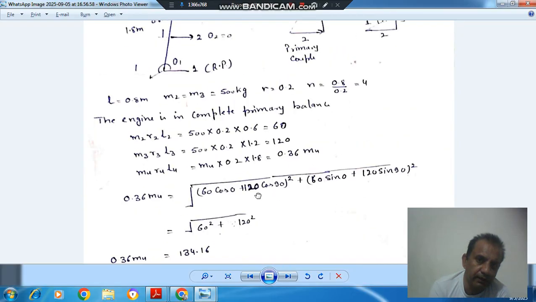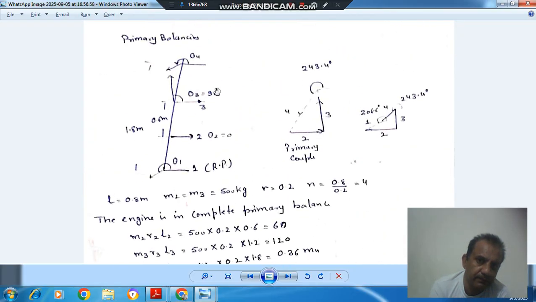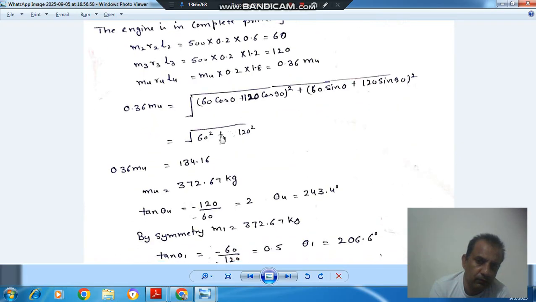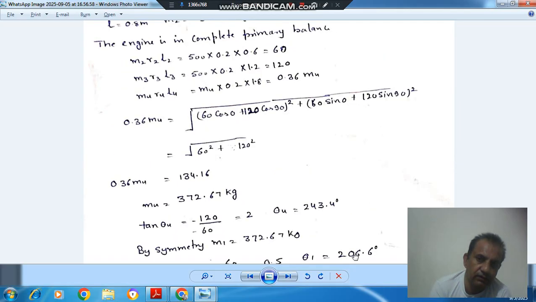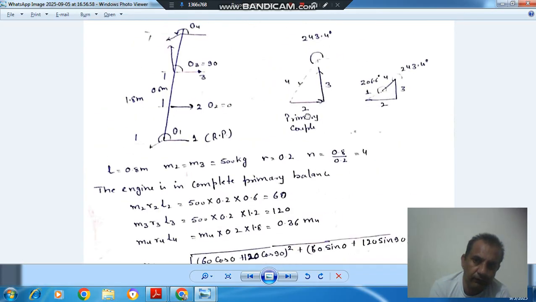Now if we take this as reference plane, we can find out M1 the same way. Because it is symmetric, it will have the same value, that is 372.67, and theta 1 is 206.6.